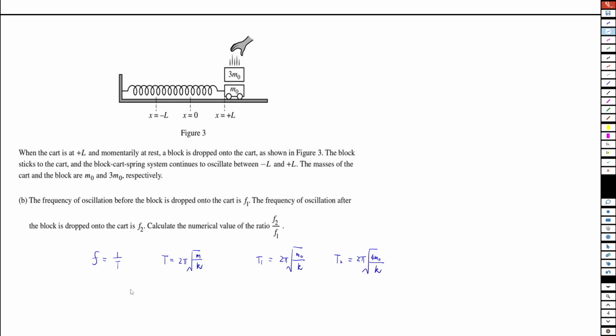And if we want to find the frequency ratio f2 over f1, that is exactly T1 over T2, because frequency and period are inversely proportional. So for T1 over T2, if we look at this expression, let's do it this way.